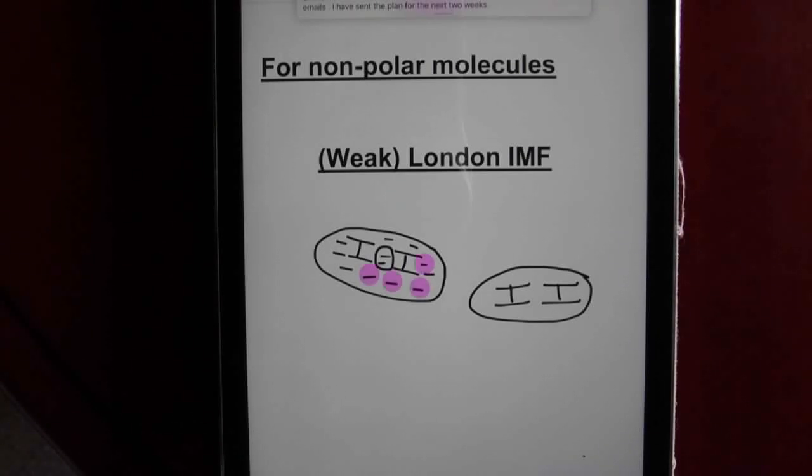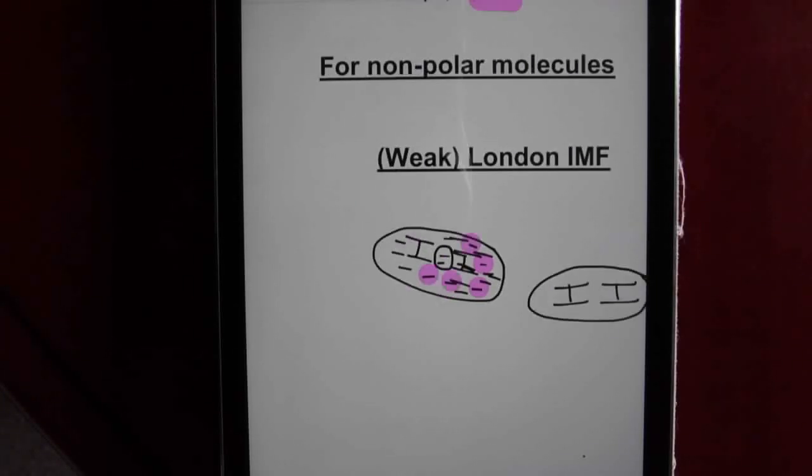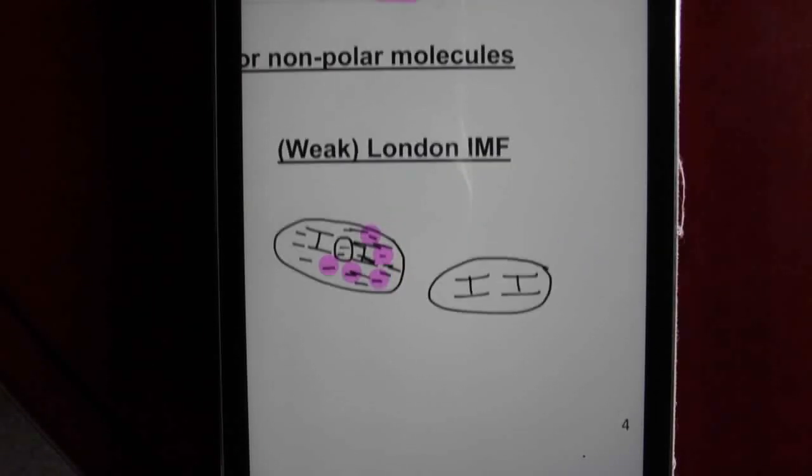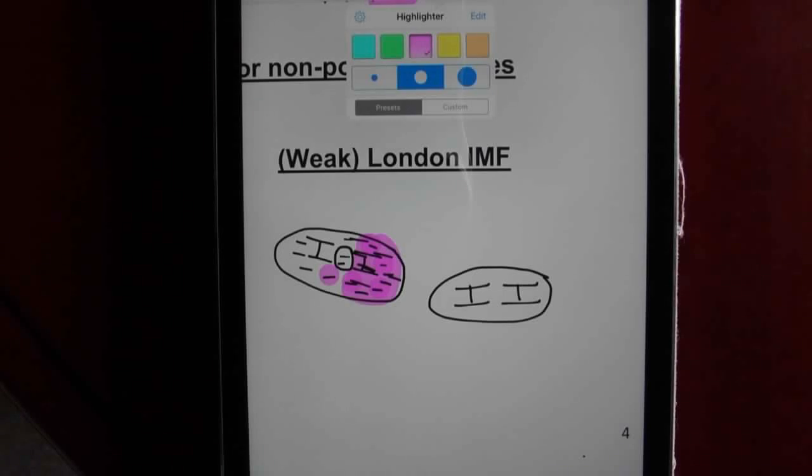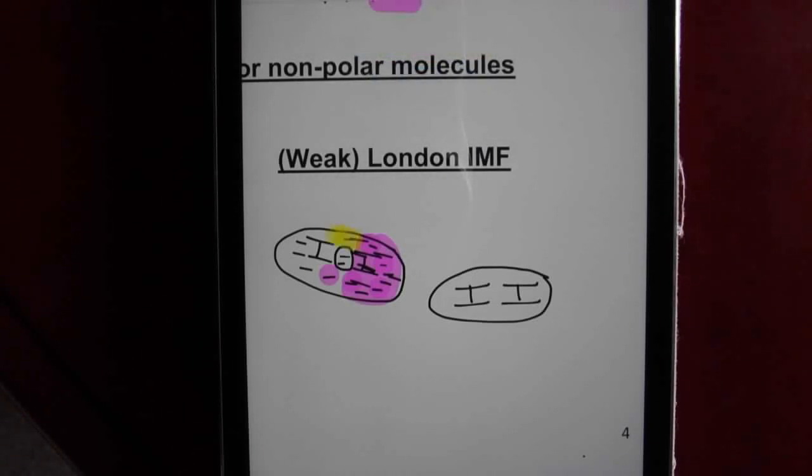So what happens is, because these electrons move at the speed of light, there can be a split second where there now are more electrons on this side of this molecule than on the other side of the molecule. So it makes this side of my molecule a little bit more negative because there's more electrons, and this side of my molecule a little bit more positive.